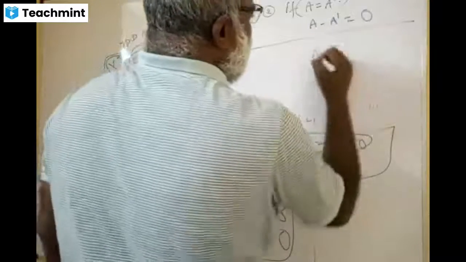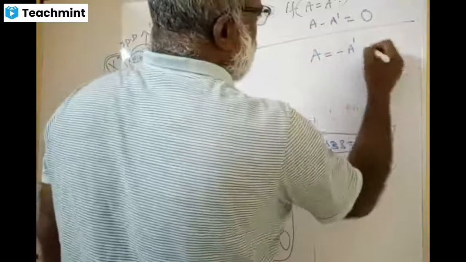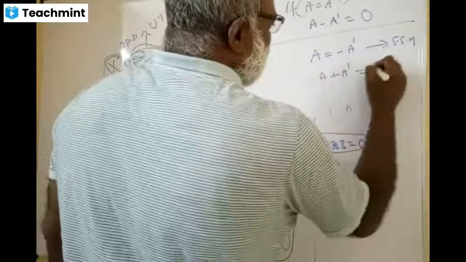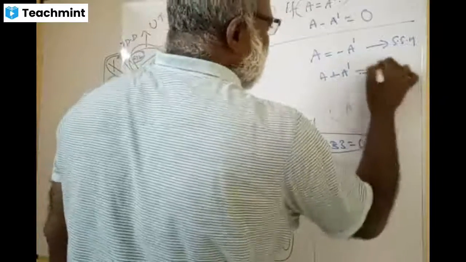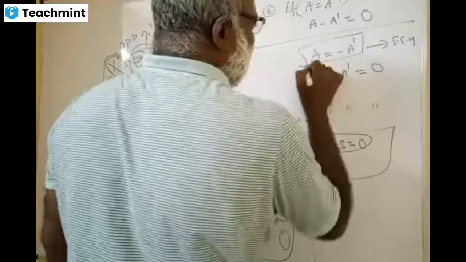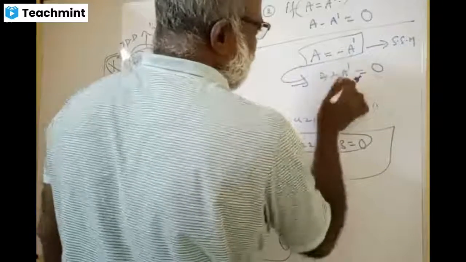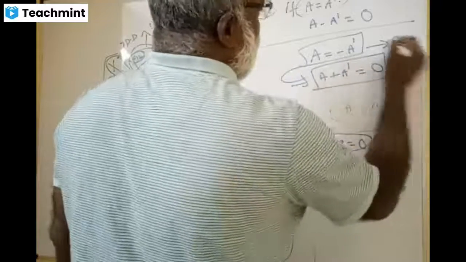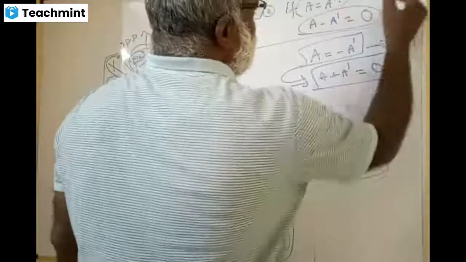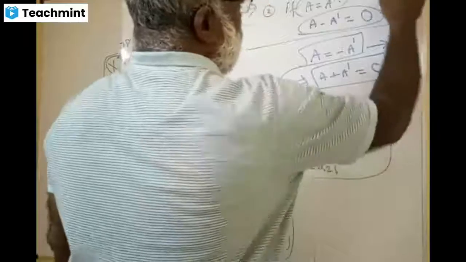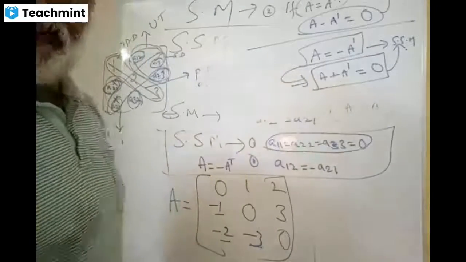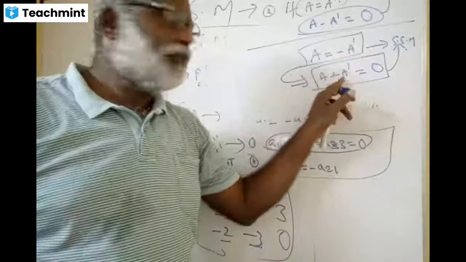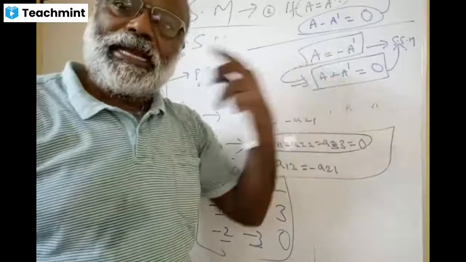Similarly, we define A equal to minus A transpose for a skew symmetric matrix, or A plus A transpose equals 0. Either you say this condition, this implies this only. So sometimes this is the condition for a skew symmetric matrix, and this is the condition for a symmetric matrix. If you want to say it in a different style, this is the symmetric matrix condition, and this is the skew symmetric matrix condition.